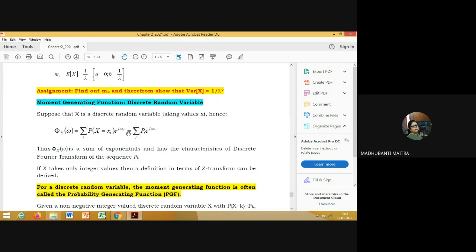Using a short notation, probability x is equal to xi is pi. So instead of integration, we now get a summation sign: summation over i of pi e to the power j omega xi. Is that okay?